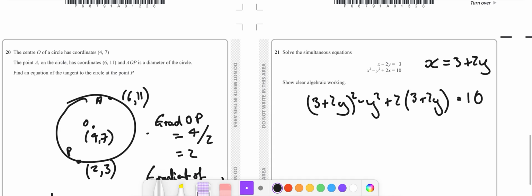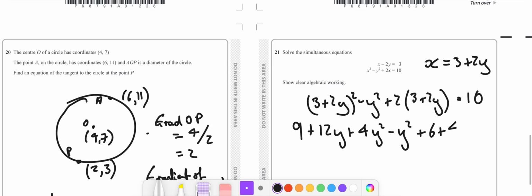Multiply this out, we get 9 plus 6y plus 6y, so that's 12y plus 4y squared minus y squared plus 6 plus 4y equals 10.